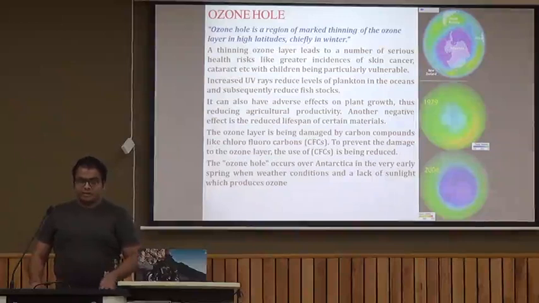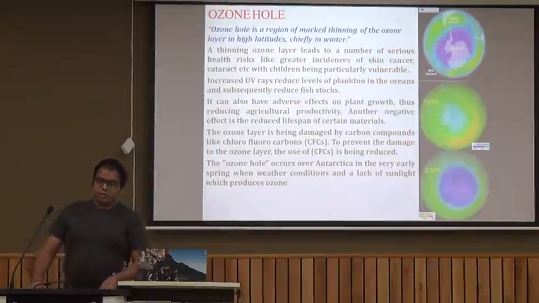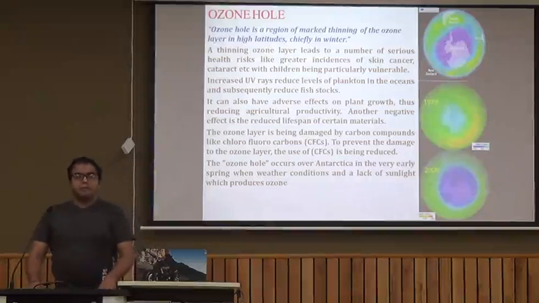All these UV rays reduce the level of plankton in the oceans, which in turn reduces the number of fishes. It also adversely affects plant growth, human life, and all the animal forms which we observe. Now, what is the basic cause of it?